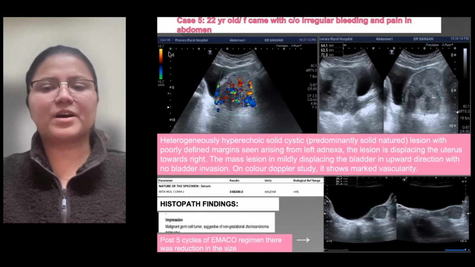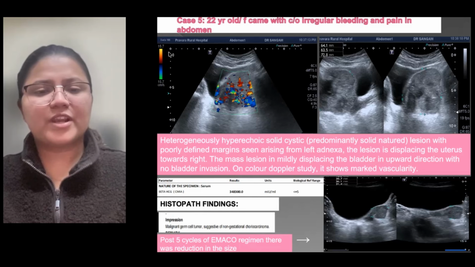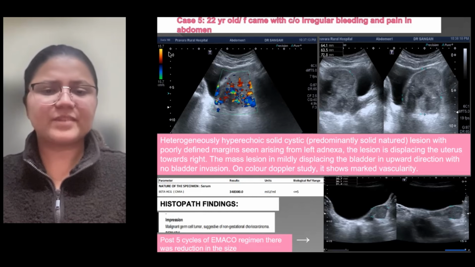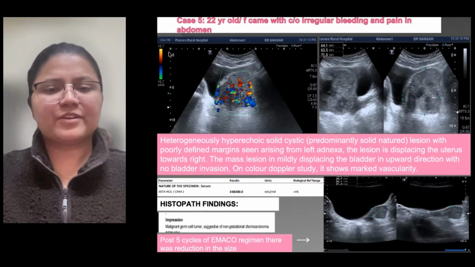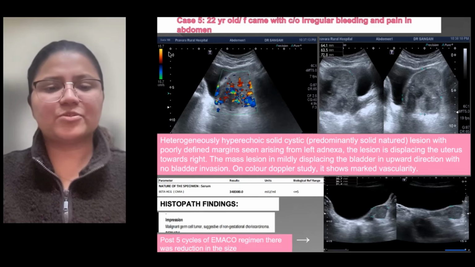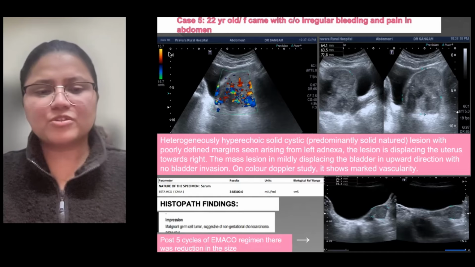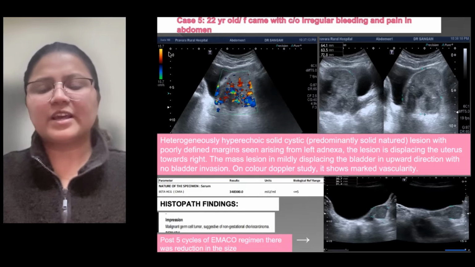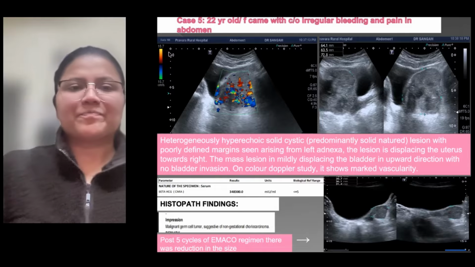Color Doppler shows marked vascularity. Beta HCG level was 3,48,300 milli international units per ml. On histopath findings, it was confirmed to be a malignant germ cell tumor, non-gestational choriocarcinoma. The last image shows a post-chemotherapy image, after 5 cycles of EMA-CO regimen, and there was a significant reduction in the size of the tumor, almost half the size.